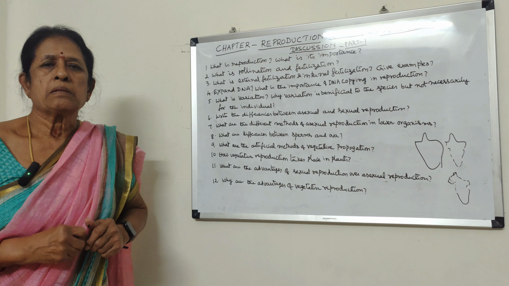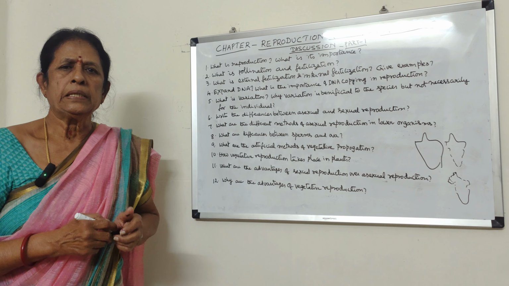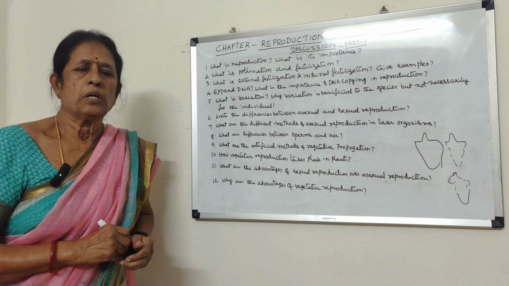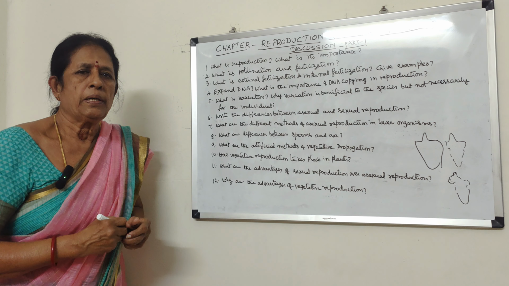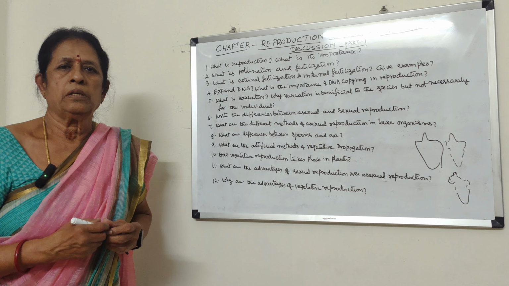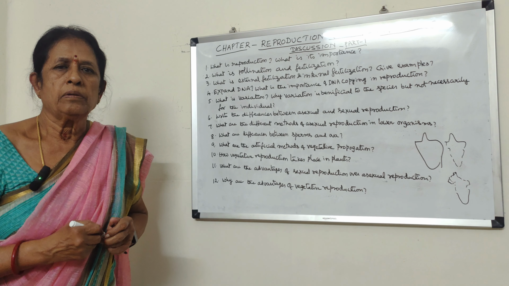Another method is called sporulation, which can be seen in fungi, that is Rhizopus, Mucor, etc. If a piece of moist bread is kept open, within a day or two we can see soft tissue.